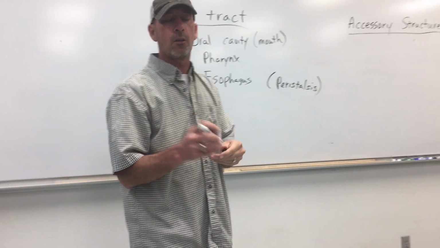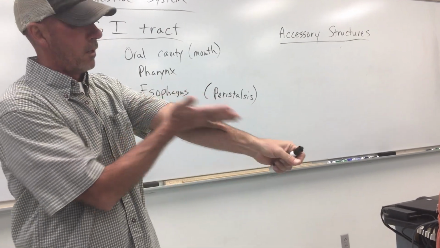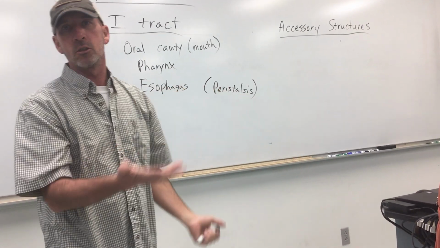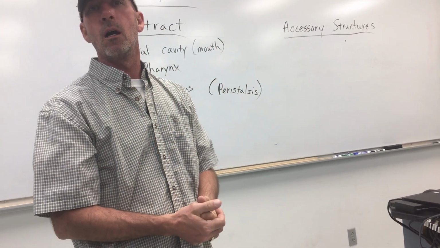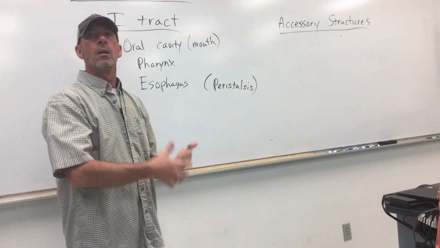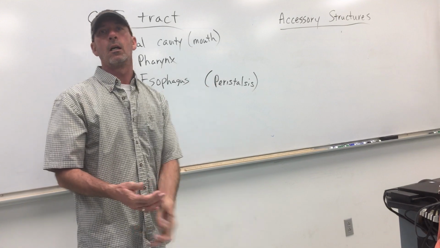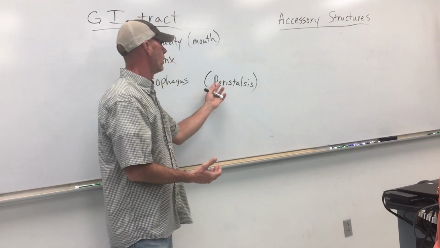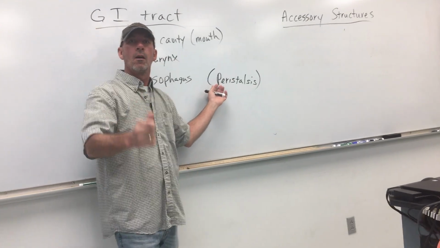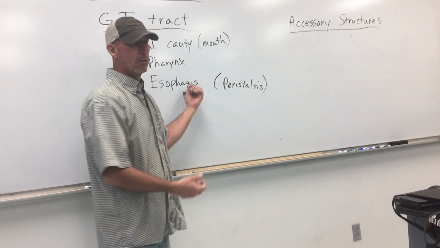All the rest of the GI tract has 2 layers of muscle. Now this smooth muscle that forms these 2 layers, we have some that run with the tube, this direction, that we refer to as the longitudinal muscle. But then we have muscle that goes around the circumference of the tube, that we call circular muscles. So it's this rhythmic contraction of the esophagus utilizing the longitudinal and the circular muscles that creates this rhythmic pushing of the bolus down the esophagus to the stomach.